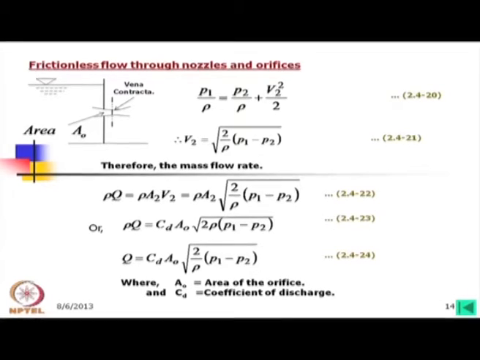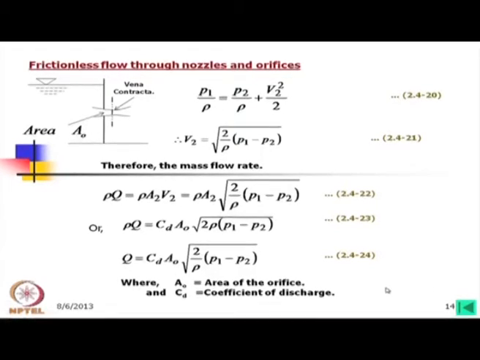Of course, that depends on the orifice area. In most calculations in fluid power, particularly in oil hydraulics, this C d value may be taken as 0.62. Later, when we come to valve flow, I will show you how C d can be taken as more or less constant for fluid power analysis.